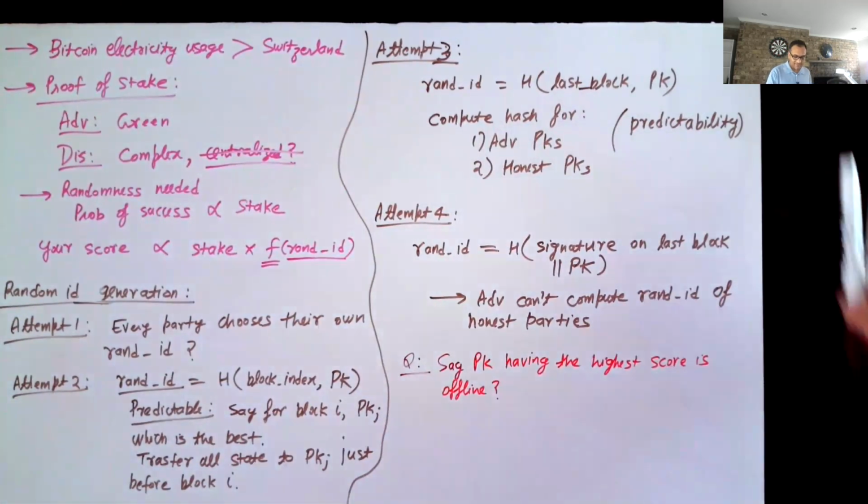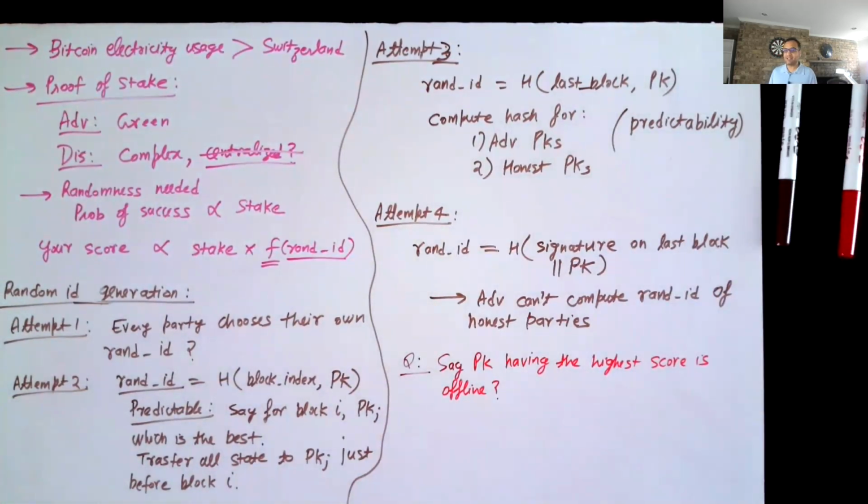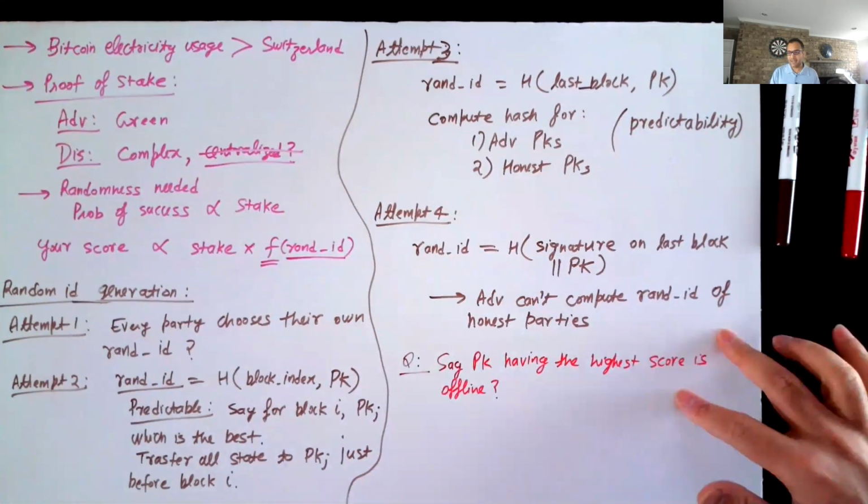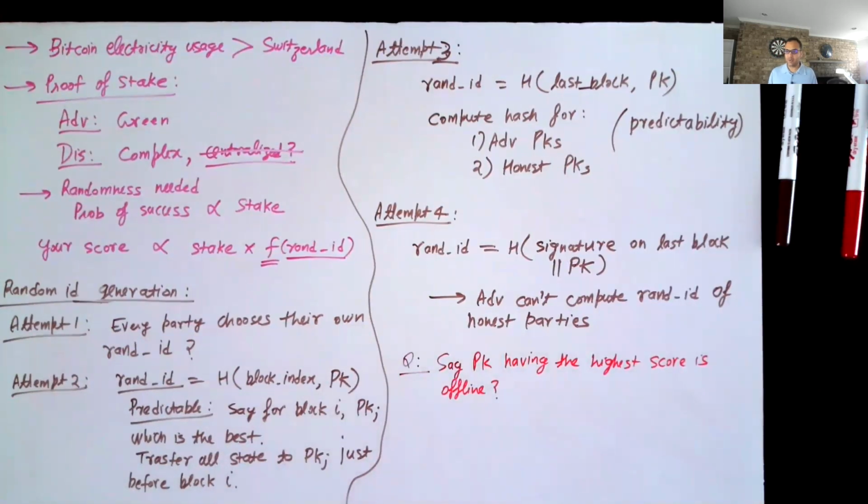Right? And it's not as simple as saying that, oh, hey, if this public key is offline, then you go to the next best score. It's not as simple as saying that, because I don't know who is offline and who is online, right? Maybe the miners wait for like 10 minutes. If there's no response, then they move on to the next public key.